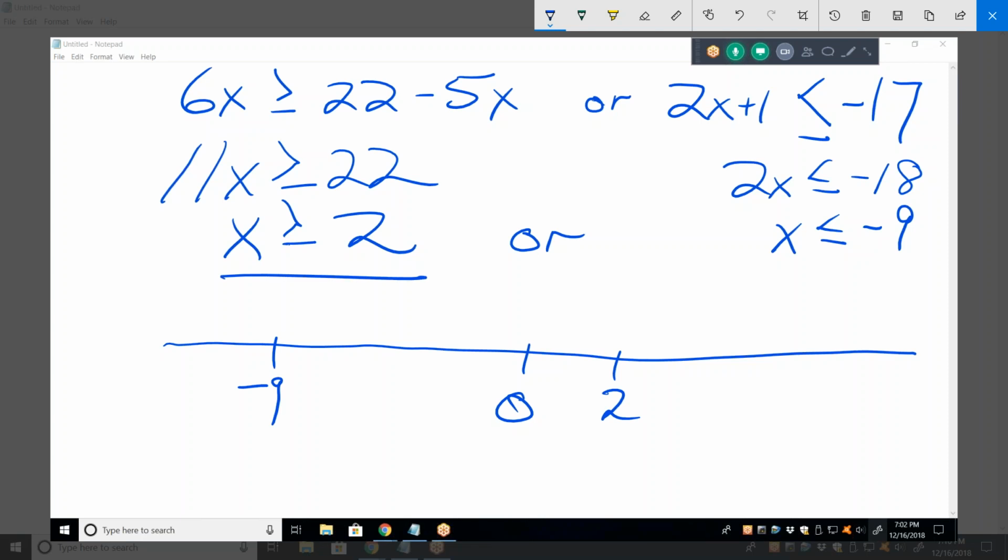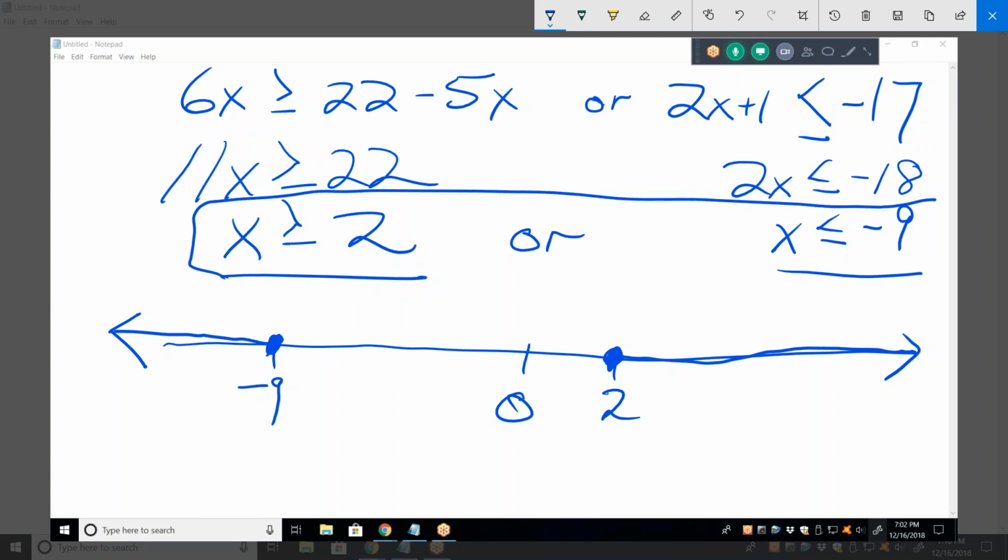And that says closed dot, because it's greater than or equal, that whole region up to infinity. And this says closed dot because it's less than or equal, the -9 all the way to negative infinity. So this combination means this graph. Okay?